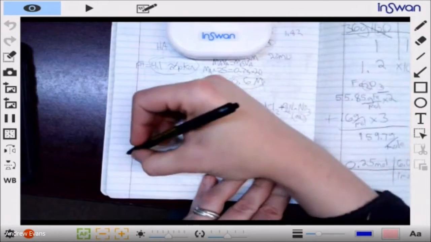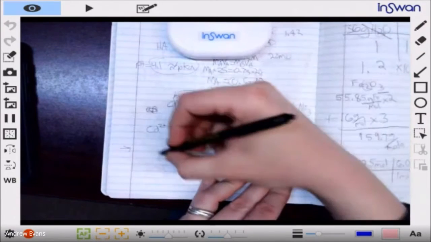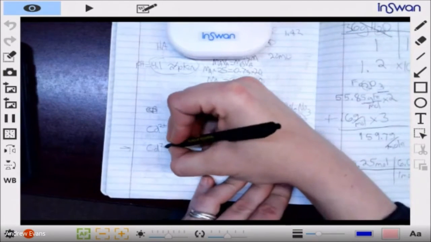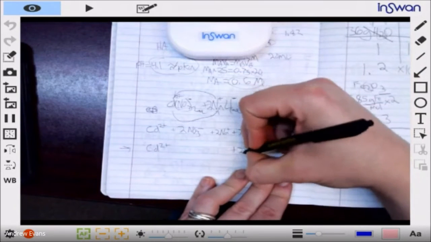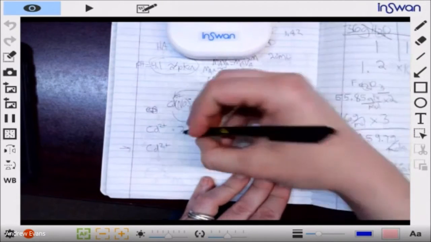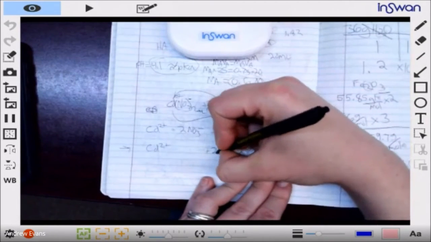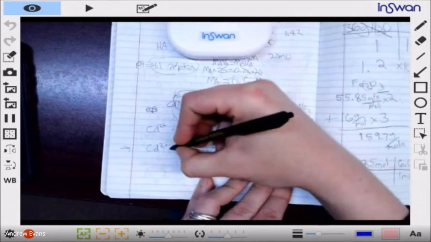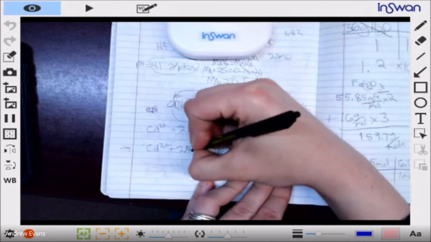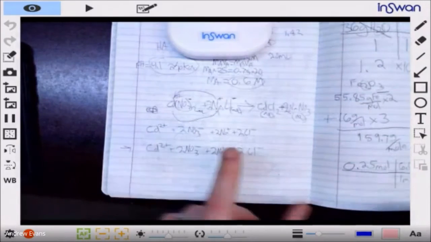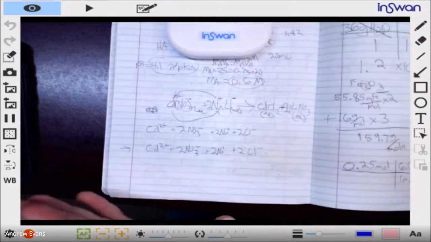And the result is cadmium 2 plus, 2 chloride, 2 sodium, and 2 nitrate.